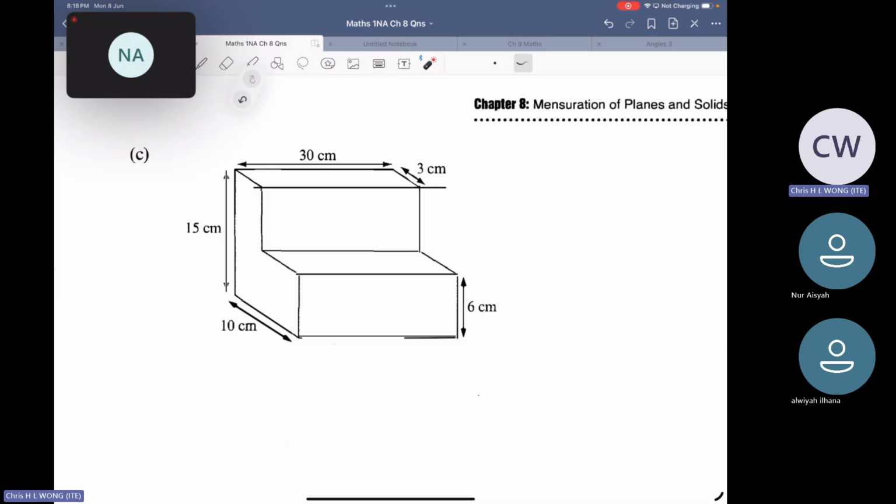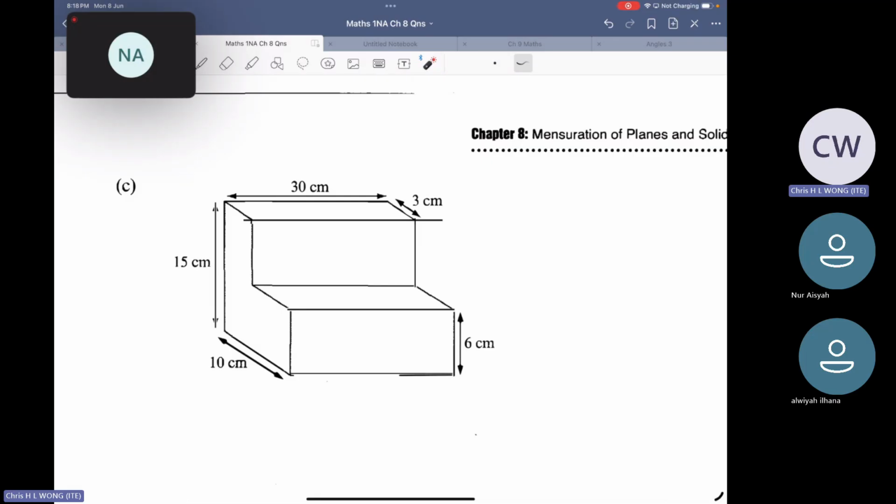These are flat surfaces. Now, I give you a clue. If I look from here, what do I see? I see an L shape. I draw the L shape for you, okay?